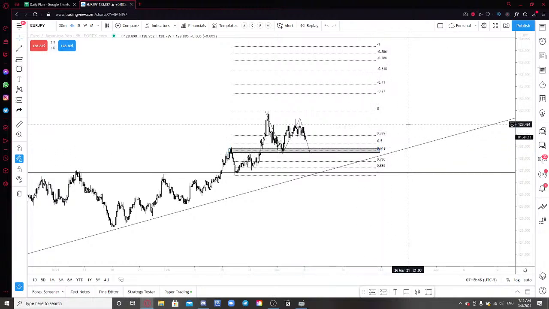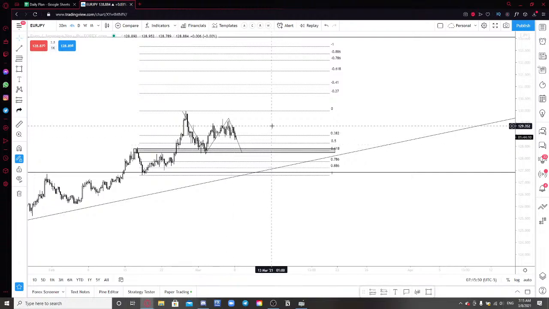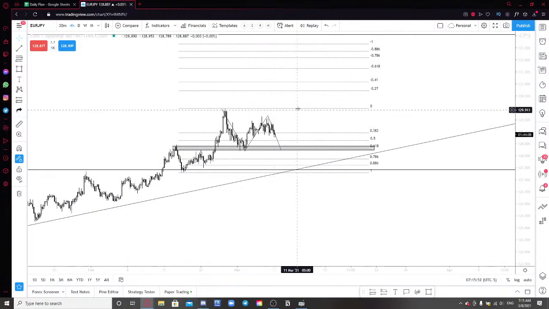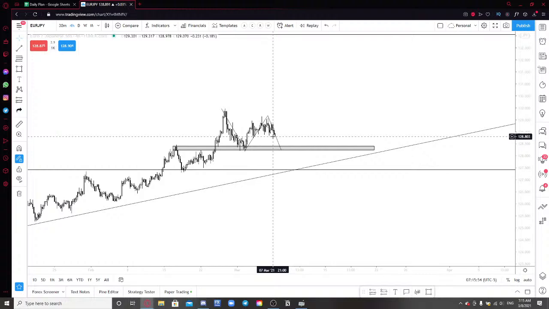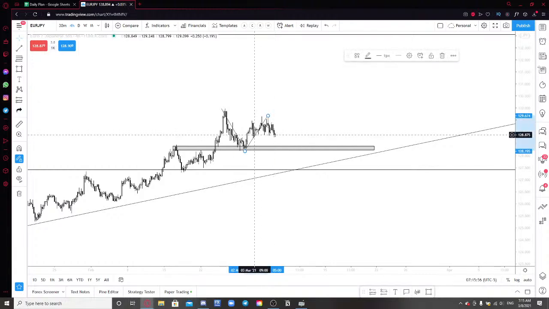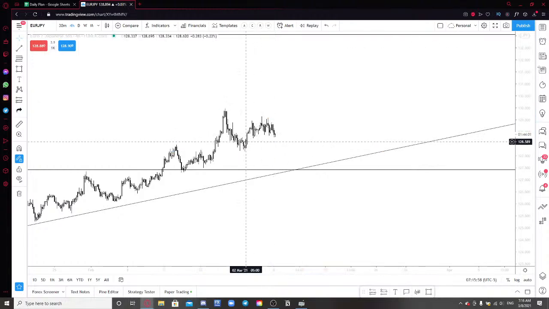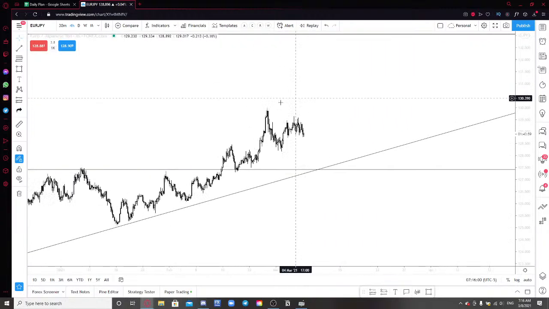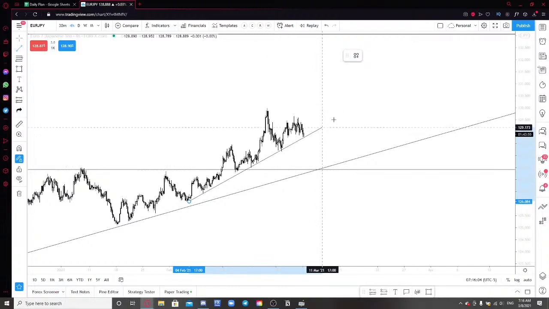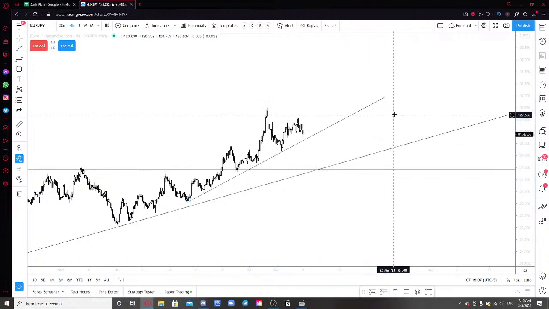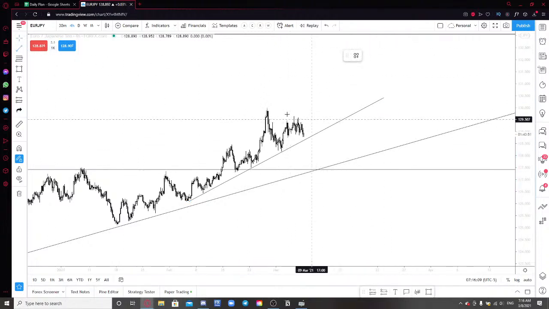And this markup's already sent out, so you guys should already have the details on that. But if the triangle does hold, should be looking for that entry today.